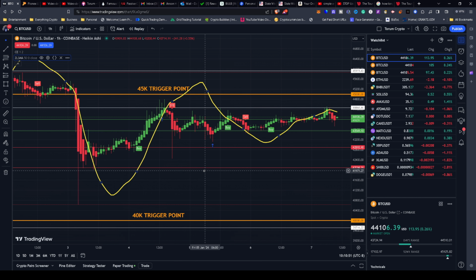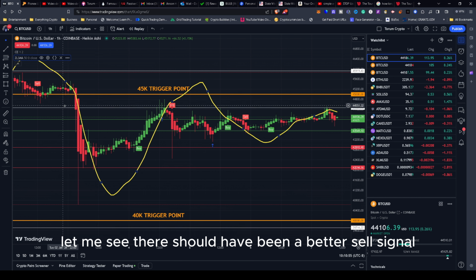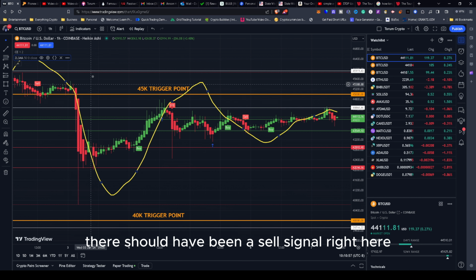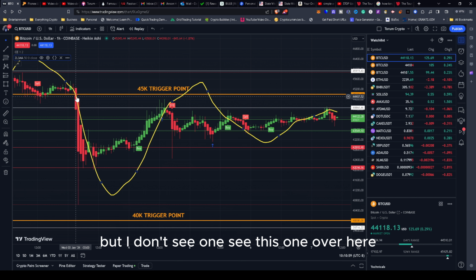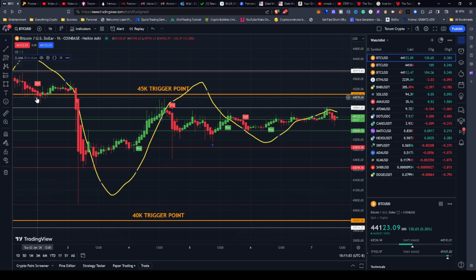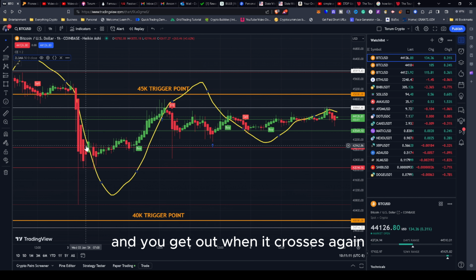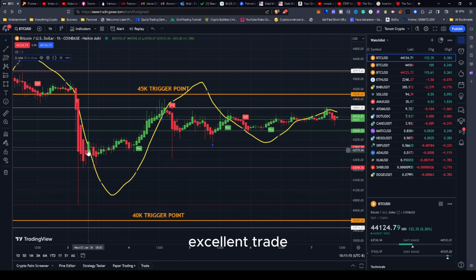Let me see. There should have been a better sell signal. There should have been a sell signal right here, but I don't see one. See this one over here. So if you enter on this one and you get out when it crosses, again, excellent trade.